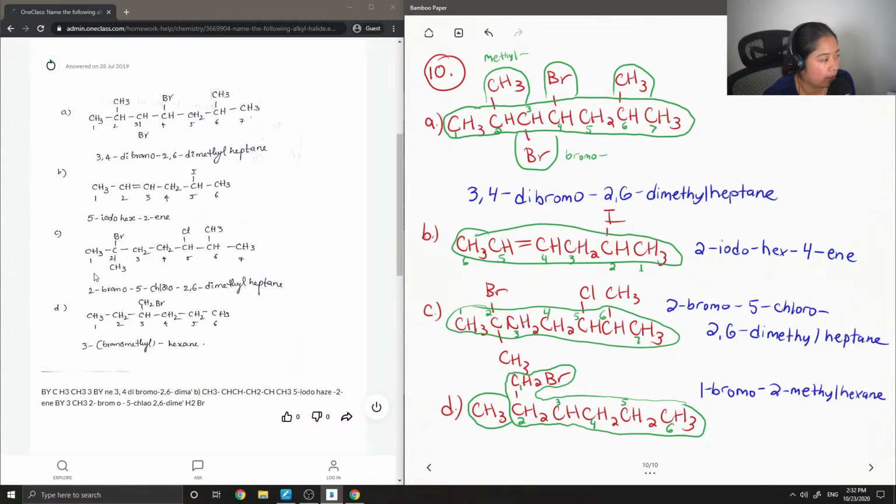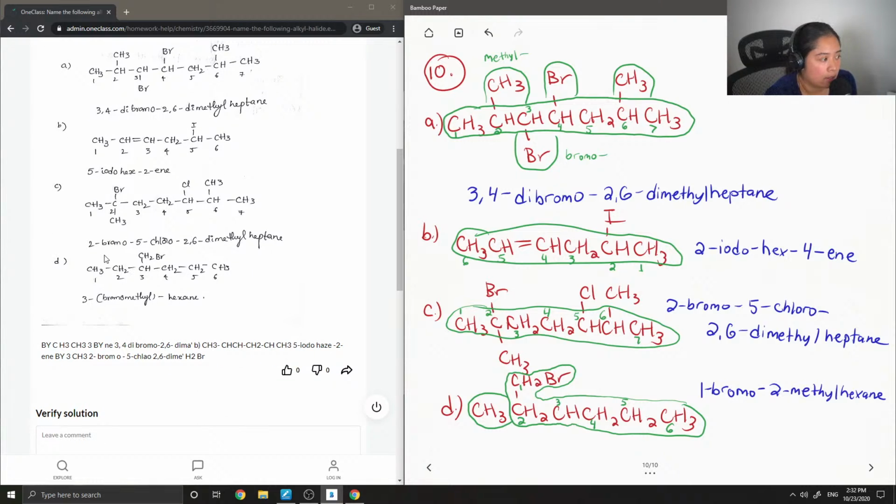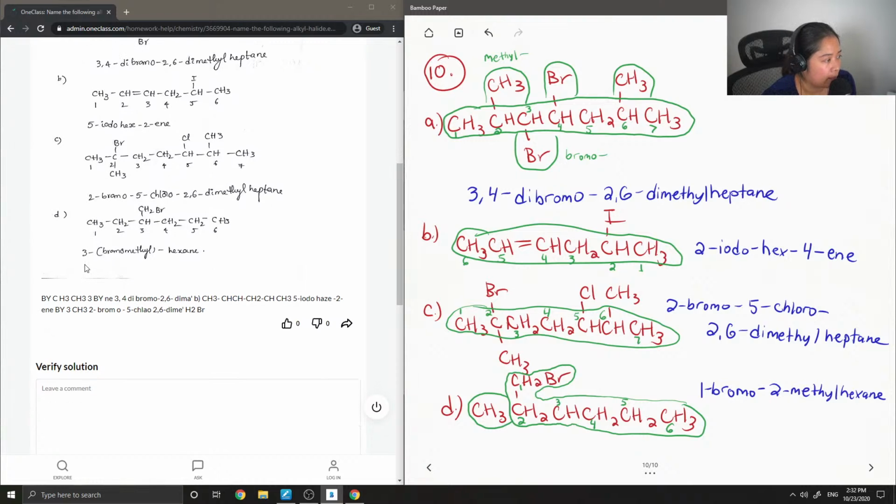So I'm going to rewrite that later. But for C, they also got 2-bromo-5-chloro-2,6-dimethylheptane. And then here they labeled it 1 to 6 going left to right, which is not what I did. But they got 3-bromomethylhexane.